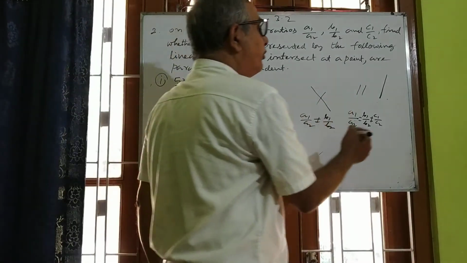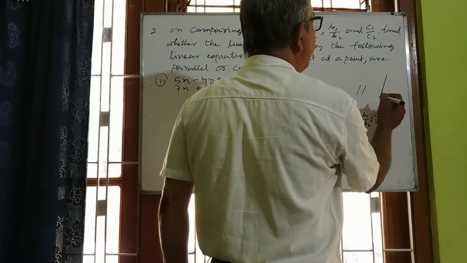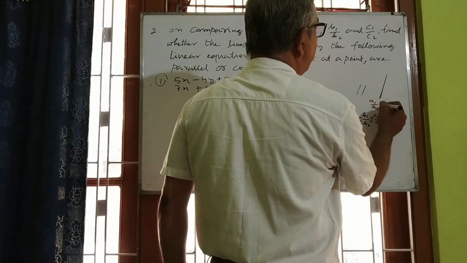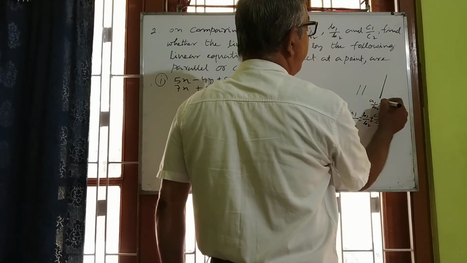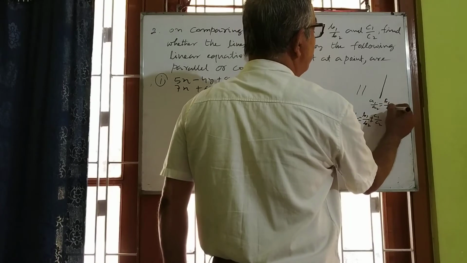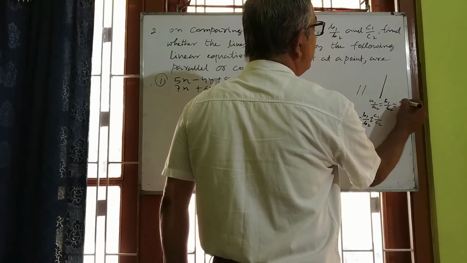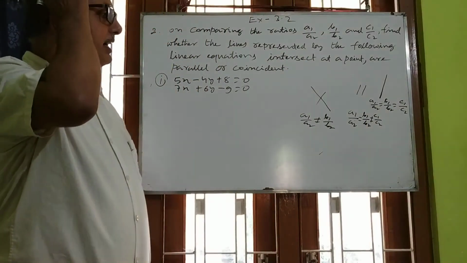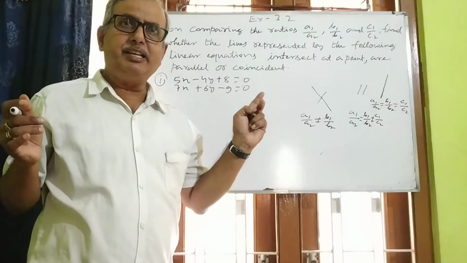And third one, when they are coincident, what should be there? A1 by A2 equal to B1 by B2 equal to C1 by C2. So, my dear students, what are the three conditions?